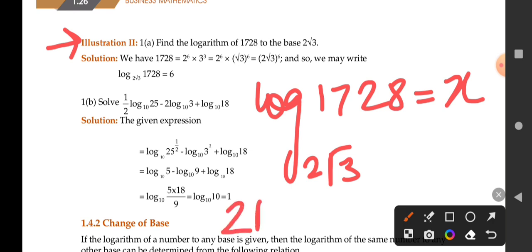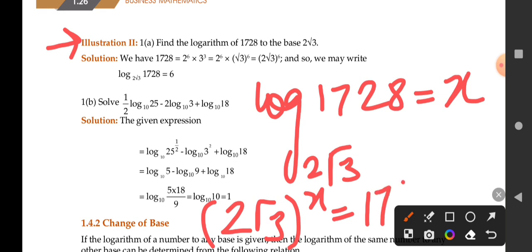Transform this equation: 2 root 3 whole power x is equals to 1728. Okay, I am not going to tell you how you can transform in the equation form, which you can see over here. Okay, how can you take that power outside the log and multiply it? I'm going to teach you how you can directly solve in the exam.